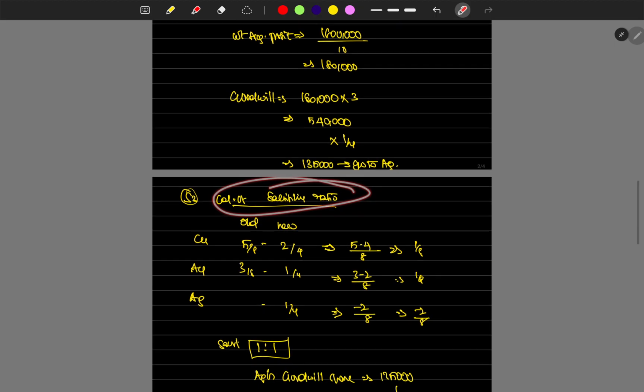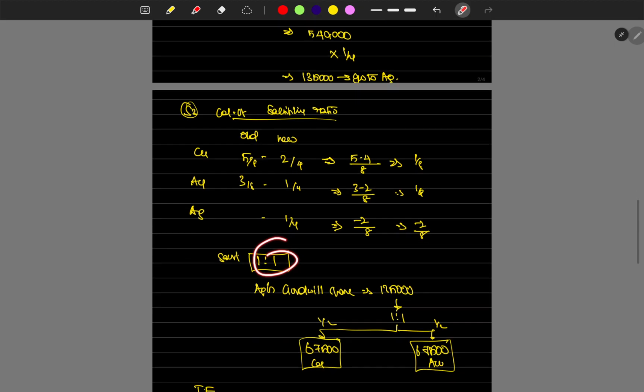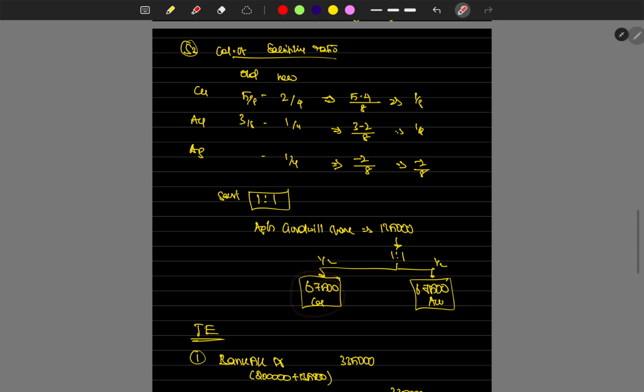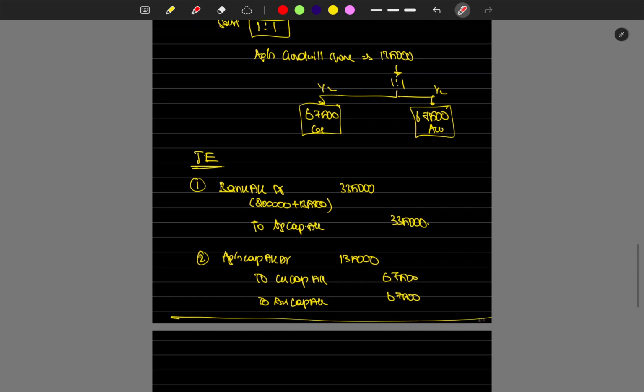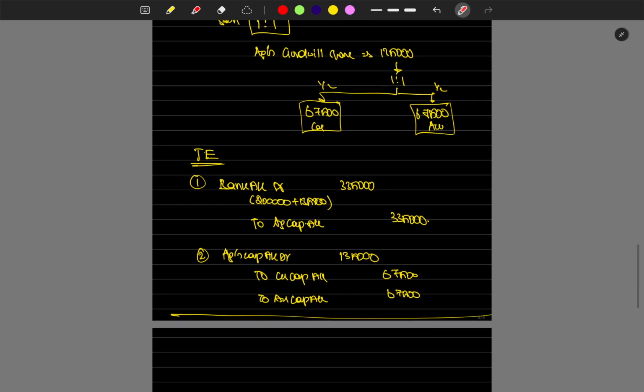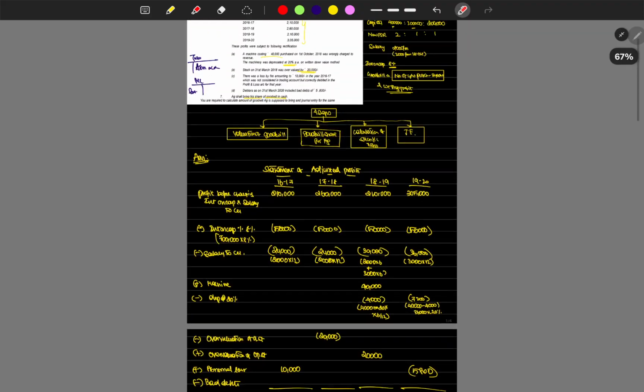We found the sacrificing ratio, which is 1:1, and that comes to 67,500 by CU and 67,500 by AU. So the journal entries: for bringing the cash into the firm, bank account debit to AG's capital account. Then for paying the goodwill share to the respective partners, AG's capital account is reduced by the amount of goodwill, and it is transferred to AU capital and CU capital, 67,500, 67,500. That's it. Thank you.